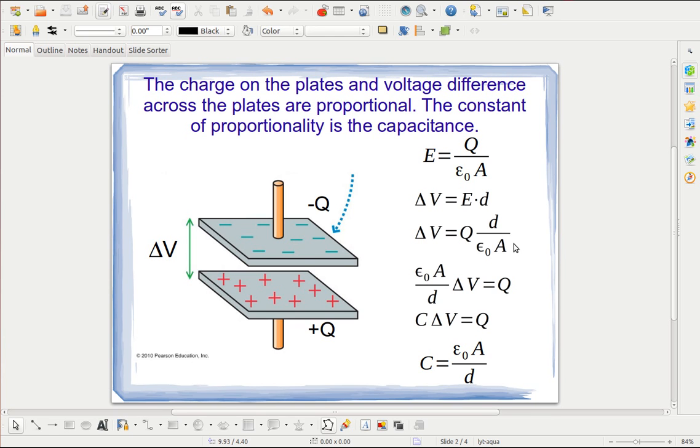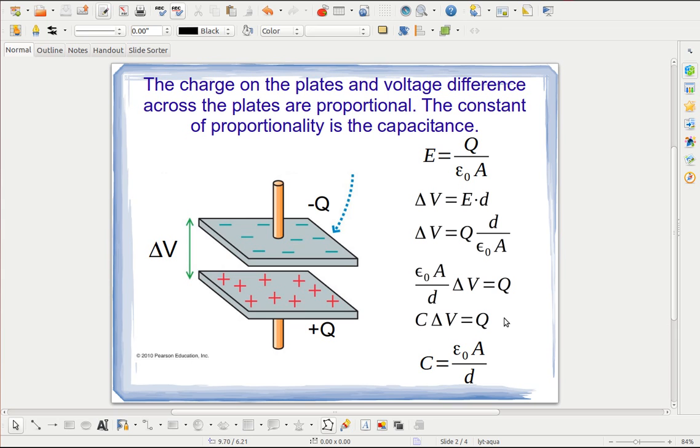We can rearrange this in a way that looks very similar to the equation on the last slide. That is, the charge and the potential difference are related to each other, and there's a constant of proportionality, the fraction epsilon naught A over D. And so that constant of proportionality is called the capacitance. So I've copied down the equation from the last slide right here.